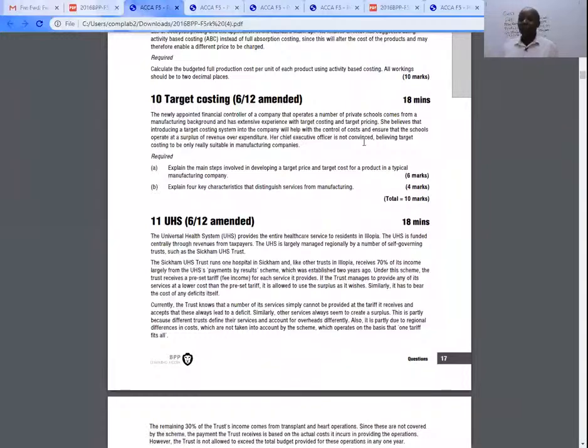And if possible, you should print this book. You simply print it. We shall be relying on this book. I'll be able to show you very many questions that have been tested from this. So like now I'm targeting this one as my theoretical question. So I would want somebody to go through it and try answering it.